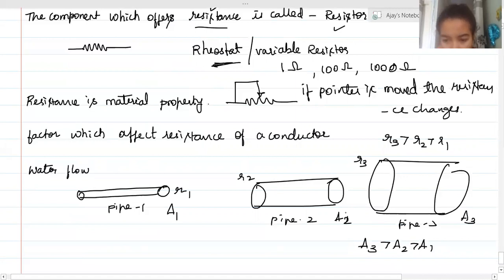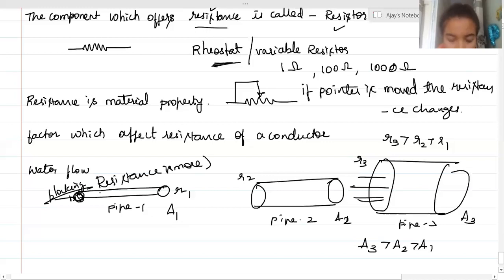Here more water can flow. In the first pipe, water is blocked because the area is small. Blocking means resistance is more. In pipe 2, some water will also block, but it will allow more water compared to pipe 1.